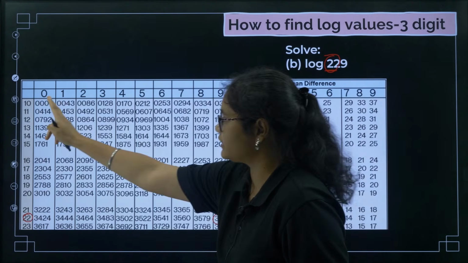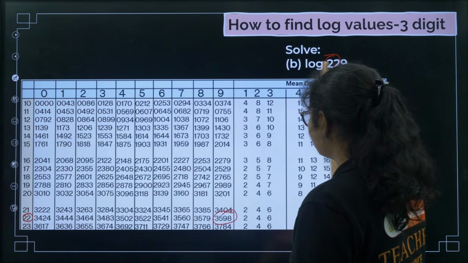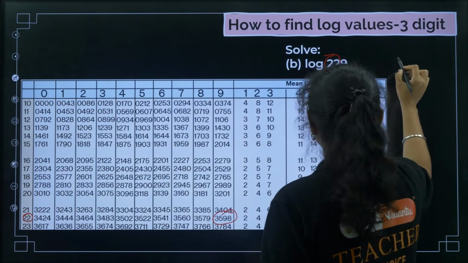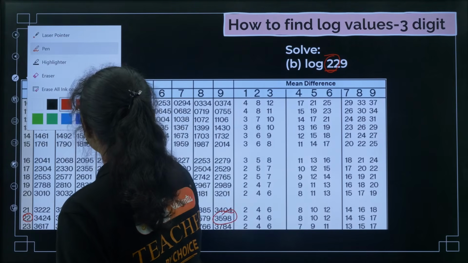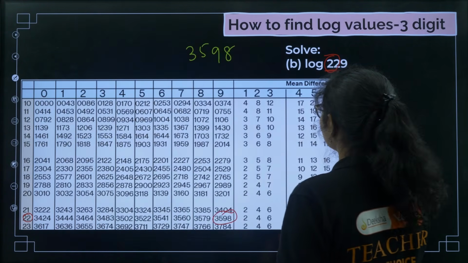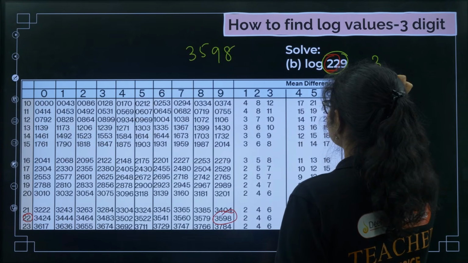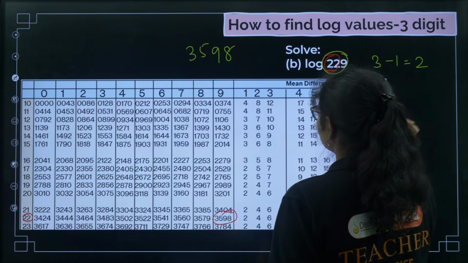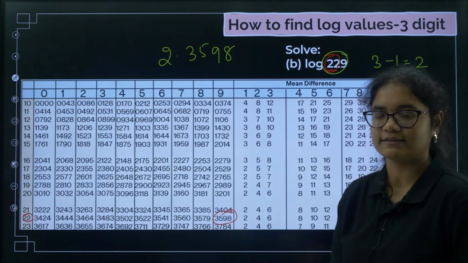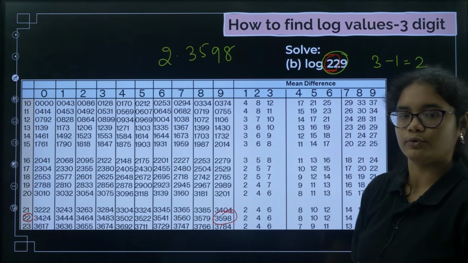So first 2 digits here, 3rd digit here, 4th digit here. We do not have any 4th digit, so we stop here. I got 3598. Now what do you have to do? How many digits are here? 3, subtract 1 and I'll get 2. So I'll put 2.3598. That is the answer for log of 229.